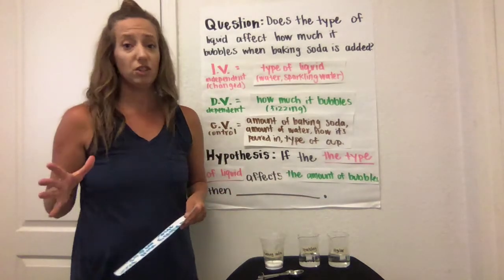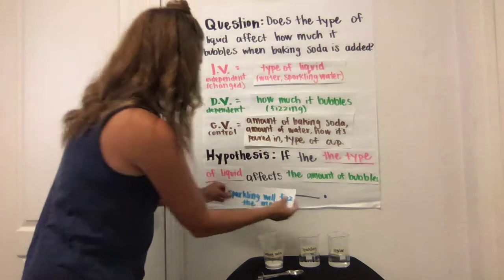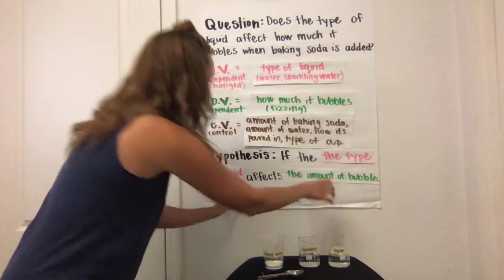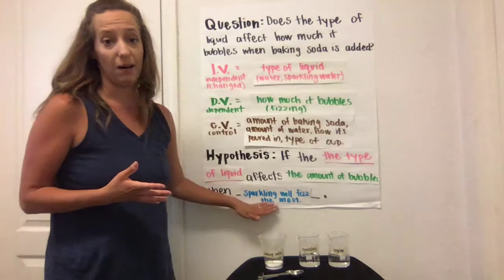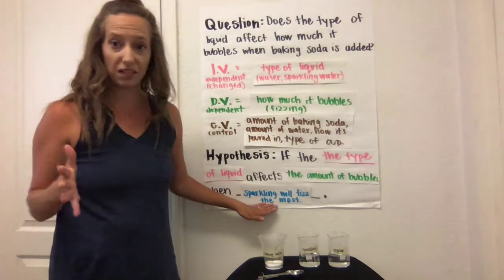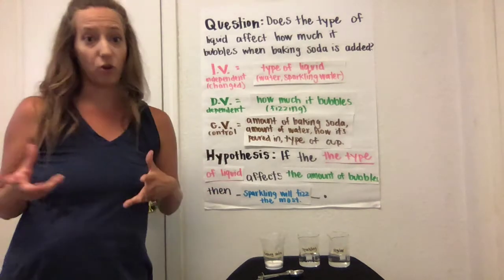You can put whatever you want. It doesn't have to be the same as mine. I just quickly wrote one out. Then sparkling will fizz the most. So that's what I think is going to happen. And yours, everyone can have a different opinion. That's okay, as long as you're following that same format.